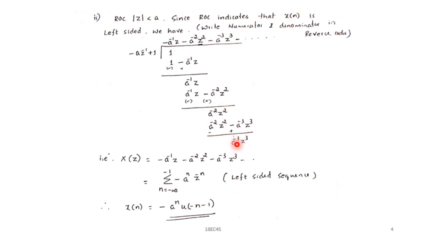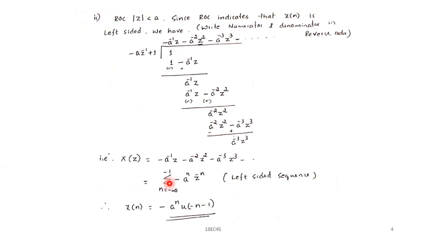I'll get the answer as a to the power minus 3 into z cubed. Continue in the same fashion. You can observe here you'll get the powers of z in positive, that is z squared, z cubed, z to the power 4 and so on. Now I'll write this quotient as x of z. So x of z is equal to minus a inverse into z minus a to the power minus 2 z squared minus a to the power minus 3 z cubed minus a to the power minus 4 z to the power 4 and so on.